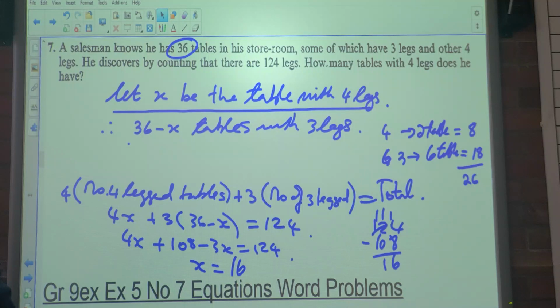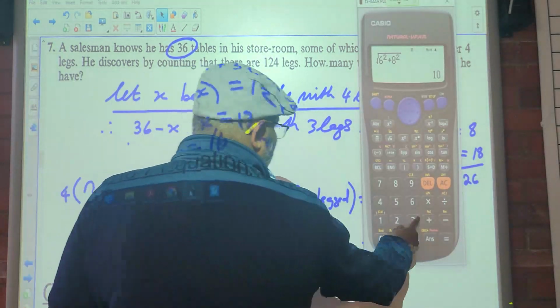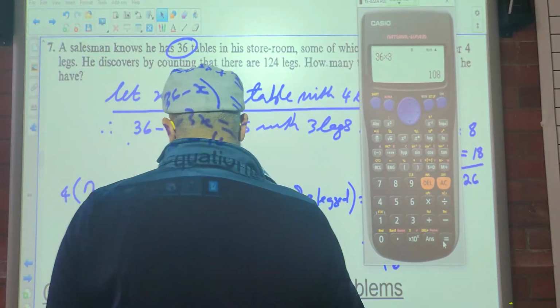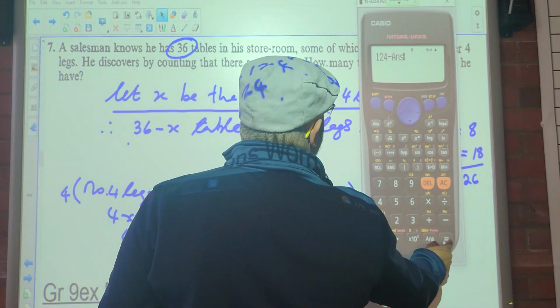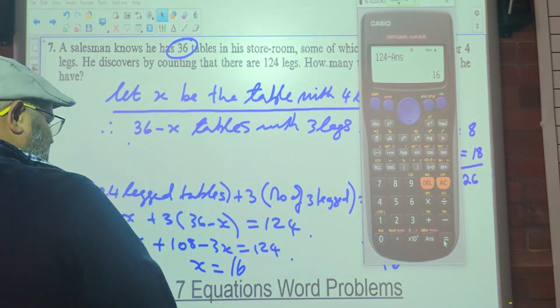How far off am I? 20. 36 times 4. No. This 36 times 3. 108. 124 minus 108. 16.